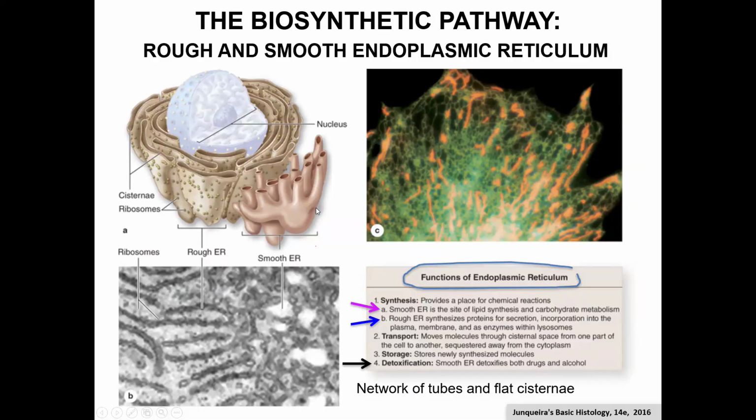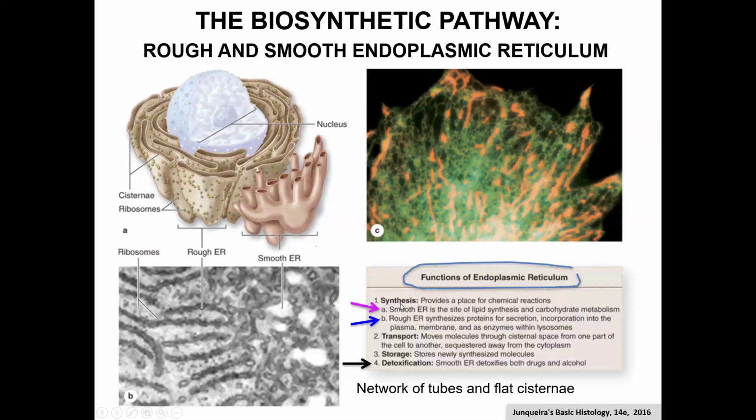The smooth endoplasmic reticulum lacks the ribosomes attached to its membranes. The rough endoplasmic reticulum contains the ribosomes attached to its membranes. This is a stained section where the endoplasmic reticulum is stained in red.